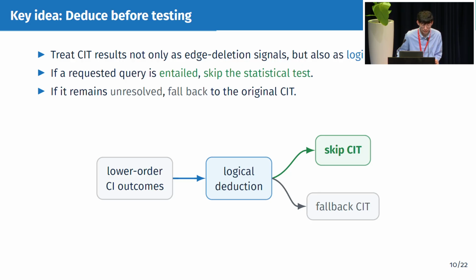Traditionally, a CIT result is mainly used as a signal for whether an edge should be deleted or not. We instead treat these CIT results not only as edge deletion signals, but also as logical premises for future queries. If a new query is logically entailed, then we skip the CIT and take the result. Only when deduction is insufficient do we fall back to the original CIT.